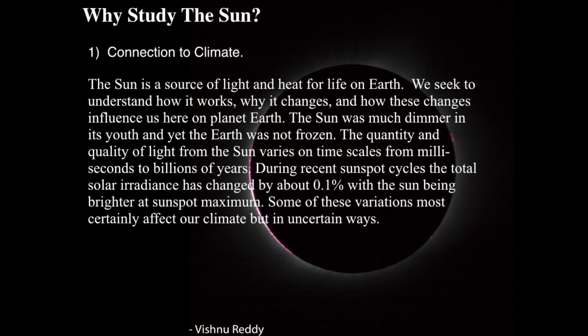So when we know about what's happening on the sun, we can know about the history of the climate on Earth. If we know about the history of climate on Earth, it can potentially help us understand what might happen in the future, and if we can understand short-term variations and their effect on the Earth's climate, that would be good too. All right, so first and foremost, we study the sun for that.